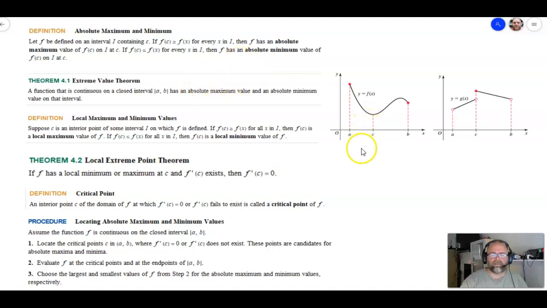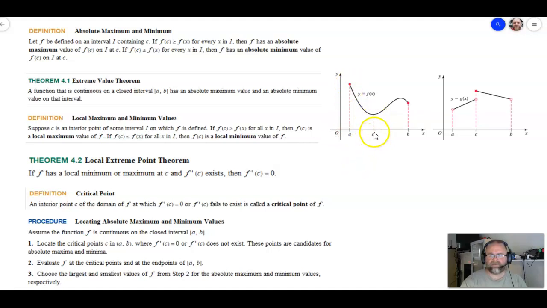Basically, if you take some interval, like this one here from a to b, and you find some y value for an x value, and that y value is greater than or equal to every other y value on that interval, then that x value is an absolute maximum. And the same thing for the absolute minimum.